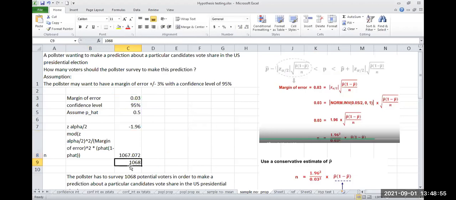And you will get the value as 1067, and that is finally rounded off to 1068. So this is your final answer. The same thing we are calculating, 1067. Okay. So if you do that, you will get this one.